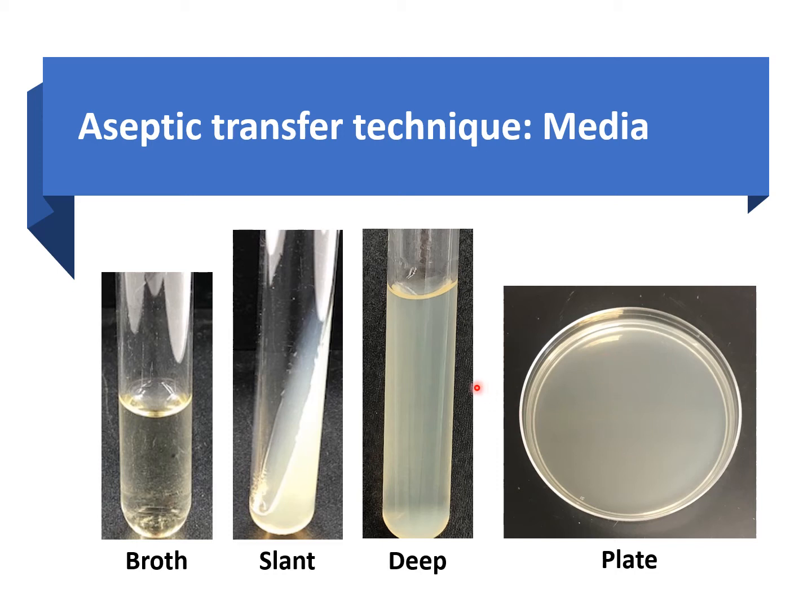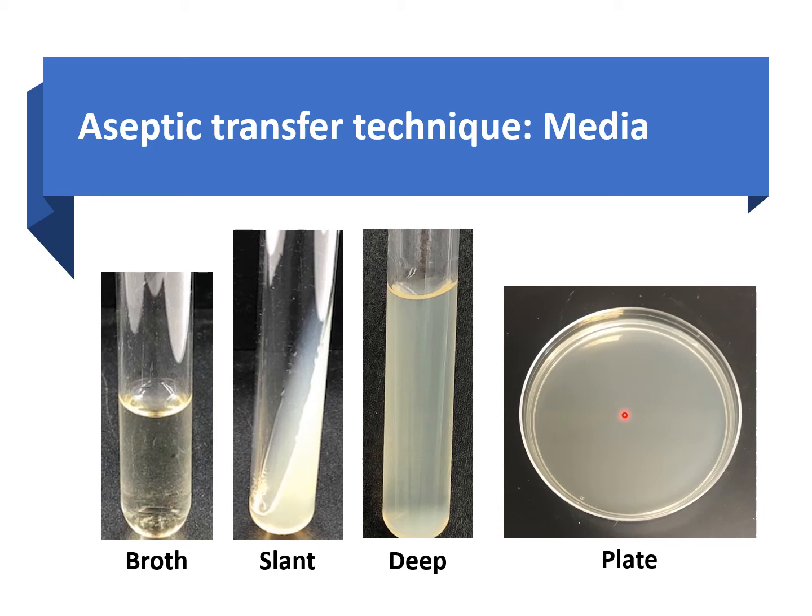Now another physical form of a media is what we call a deep, okay? A deep is basically a tube right here that we fill with the medium. Now it does have agar, but not too much, and so the deep ends up being a semi-solid type of medium.